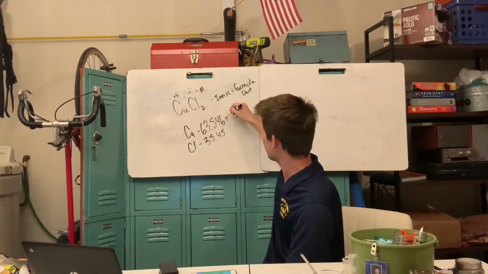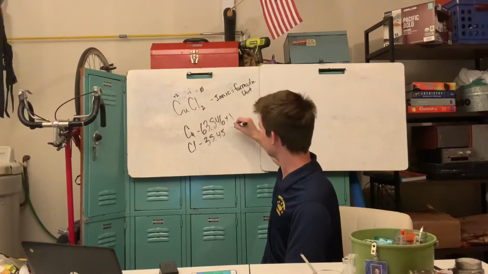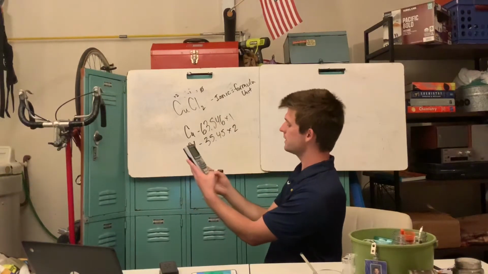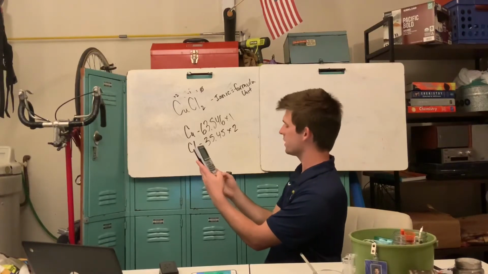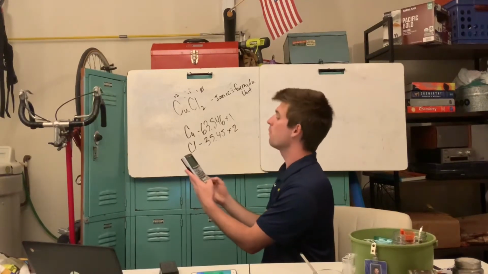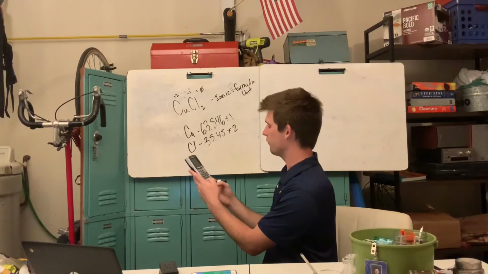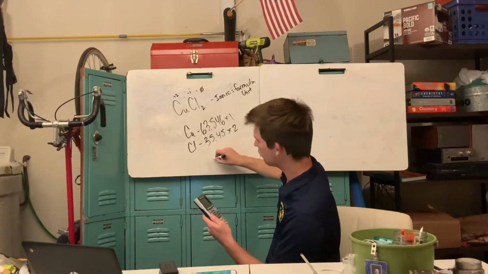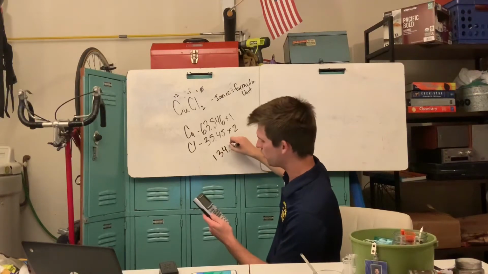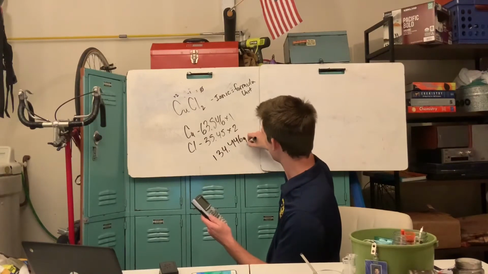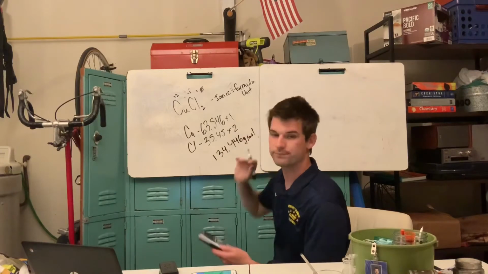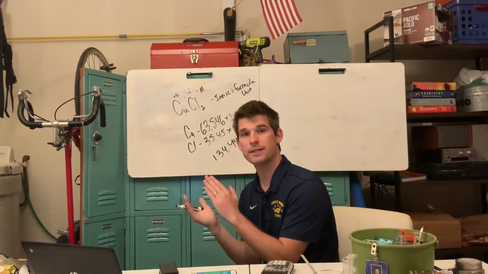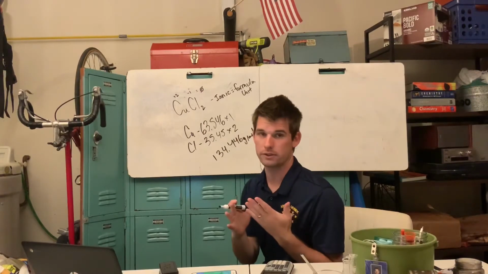We'll multiply copper by 1 because there's just one of them, and chlorine by 2. Then I'm going to add all these together. So I'm going to do 63.546 times 1 plus 35.45 times 2, and I'm going to get a grand total of 134.446 grams per mole.